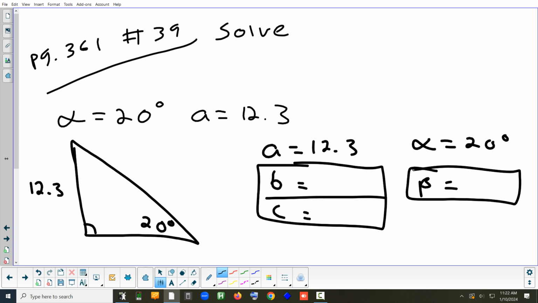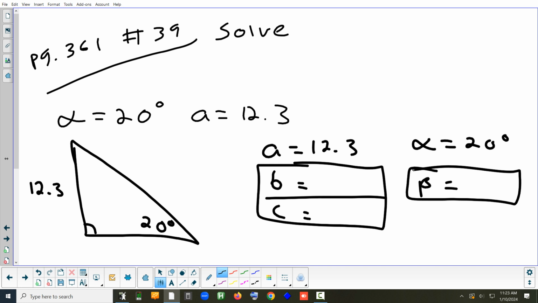Beta is the second angle. Yep. And how much is it? Well, it would be the cosine of beta equals 12.3 over the hypotenuse. Okay.